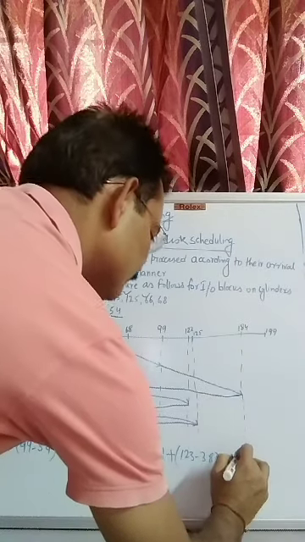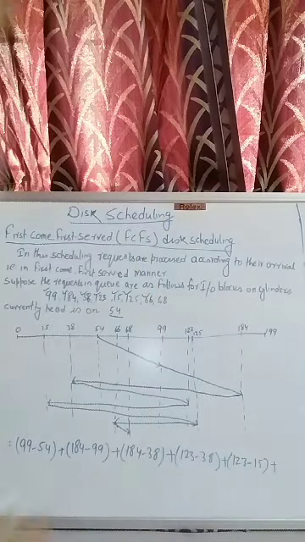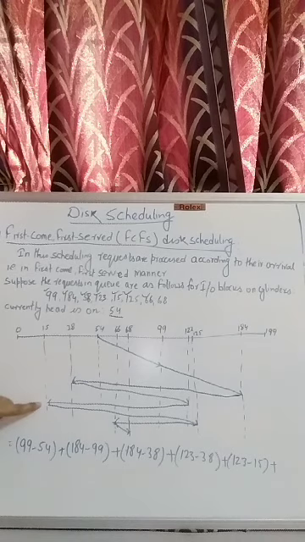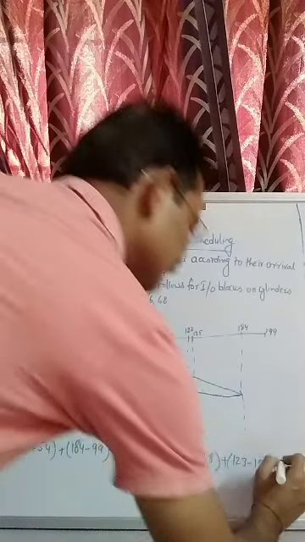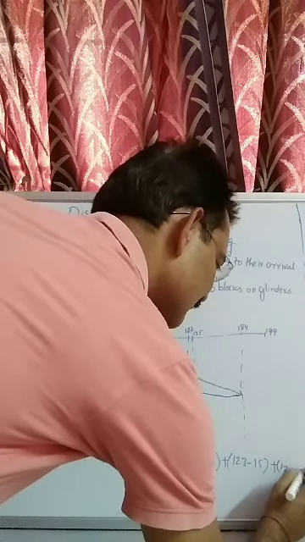So the movement is from 123 to 15. We compute the displacement from 123 to 15 by computing 123 minus 15. Then 15 to 125. So the next displacement is 125 minus 15.